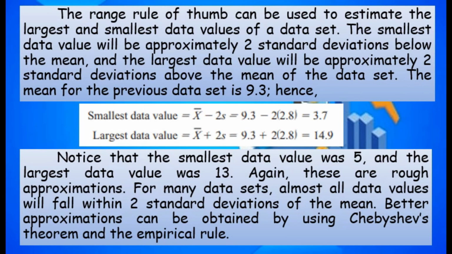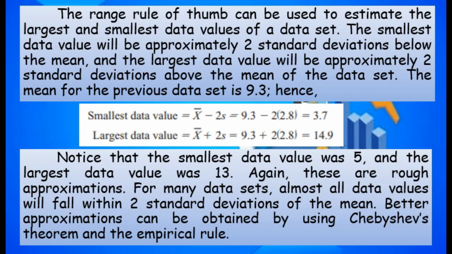The largest data value is equal to sample mean plus 2s, then substitute again. 9.3 plus 2 multiplied by 2.8 is equal to 14.9. That is the largest data value. Notice that the smallest data value was 5 and the largest data value was 13. Again, these are rough approximations.